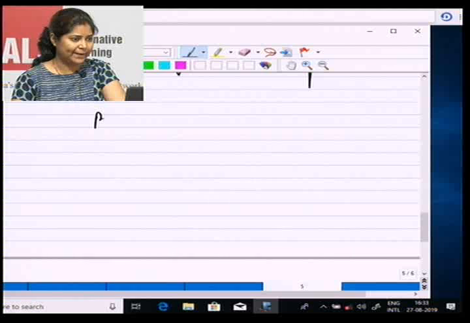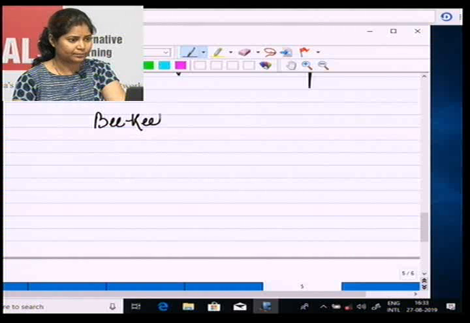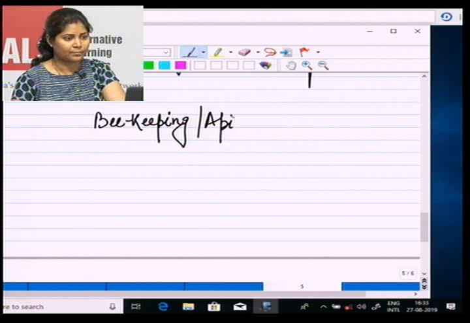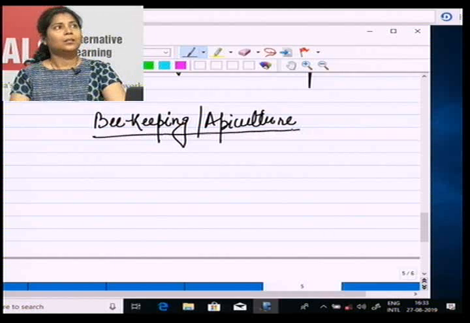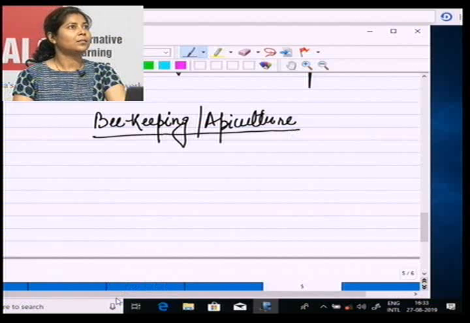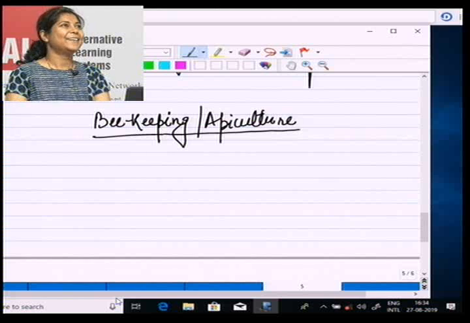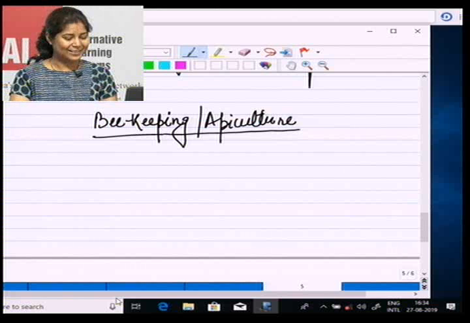Now, we'll move ahead with beekeeping. Okay, nice. Okay. Heavy rain. Okay, fine.